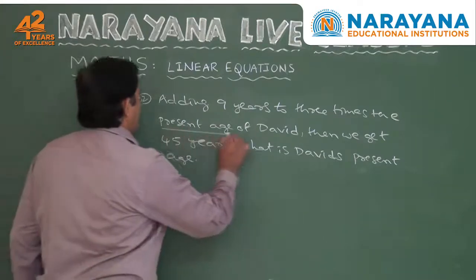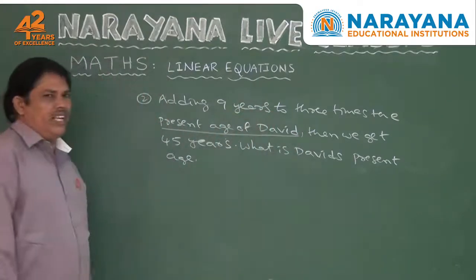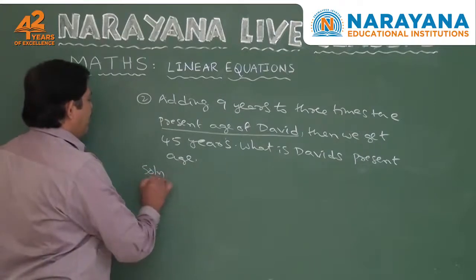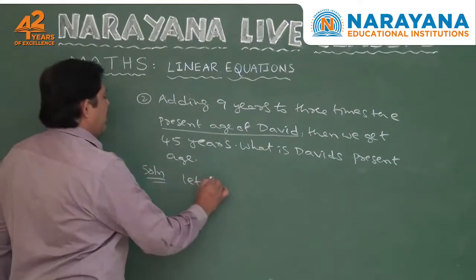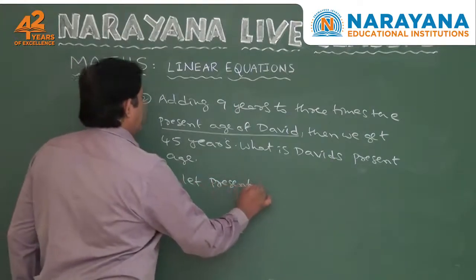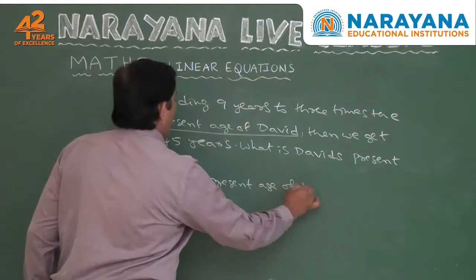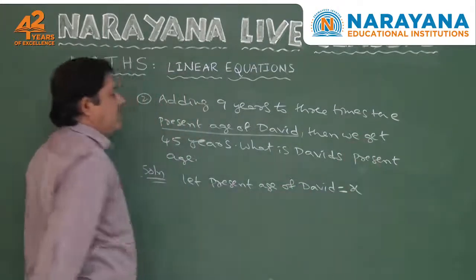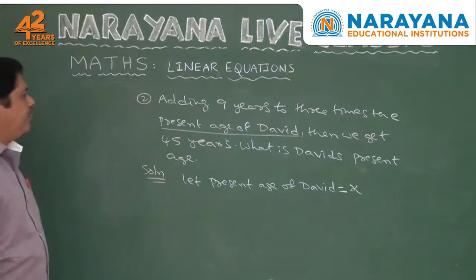So first of all, let the present age of David equal to x. So x is the present age of David.